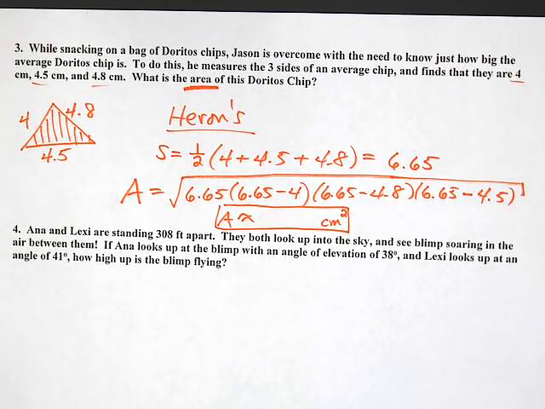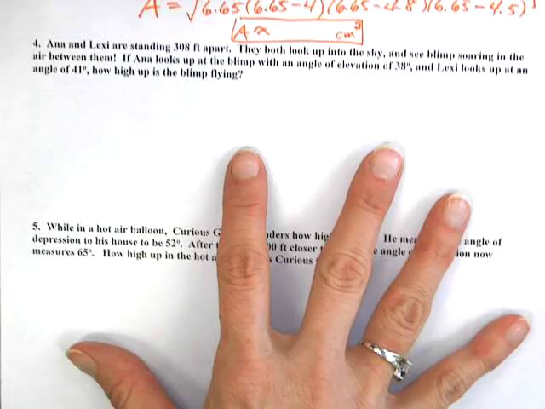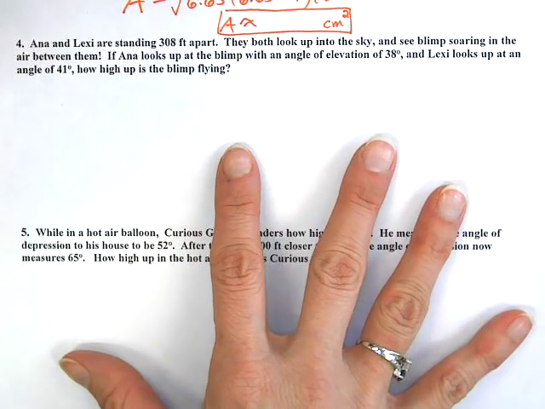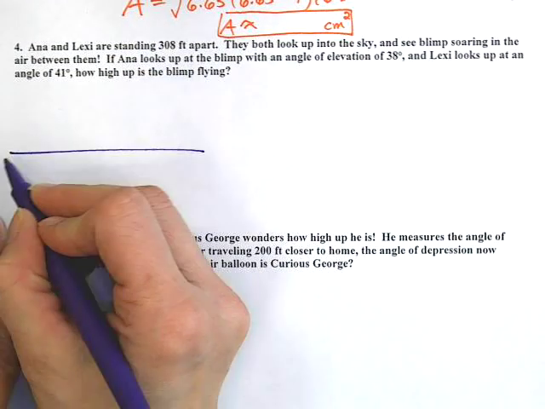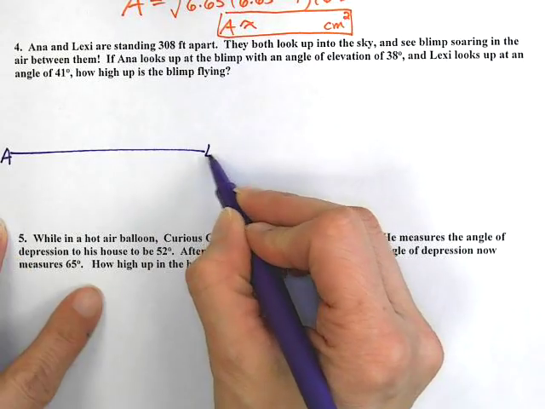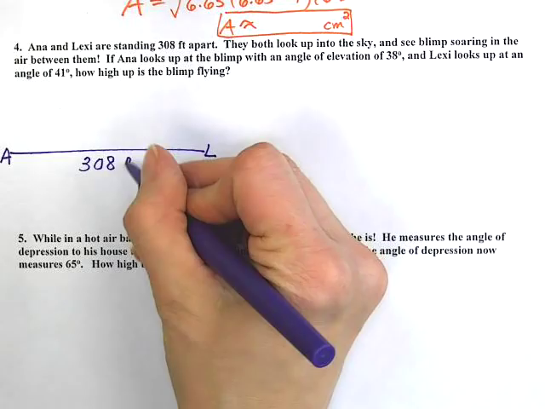All right, what else do we have for area? We've got a couple of girls here, and they are standing 308 feet apart. When you draw the girls, make sure that we've got one of them on this side, one on this side, and the distance between them is 308 feet.